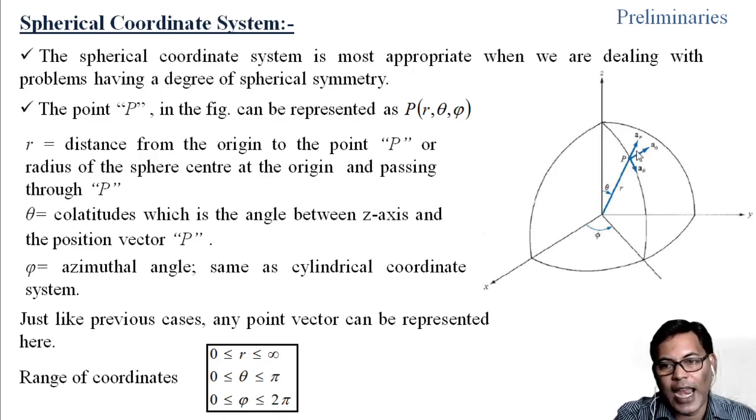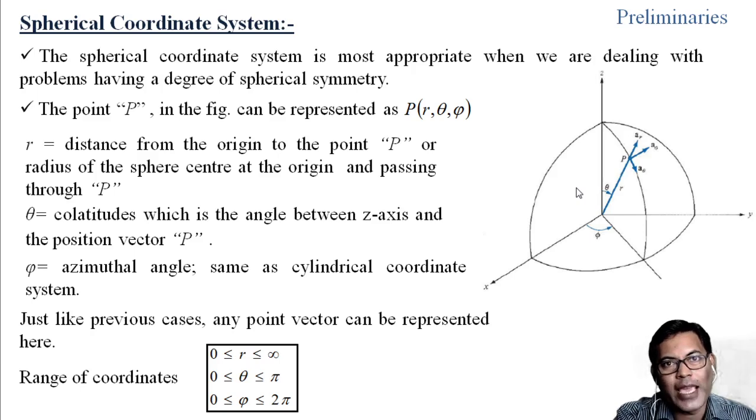And you can see that the unit vectors a_r, a_theta and a_phi will be perpendicular to each other, because this is an orthogonal coordinate system. So, remember that a_r, a_theta and a_phi are mutually perpendicular to each other.